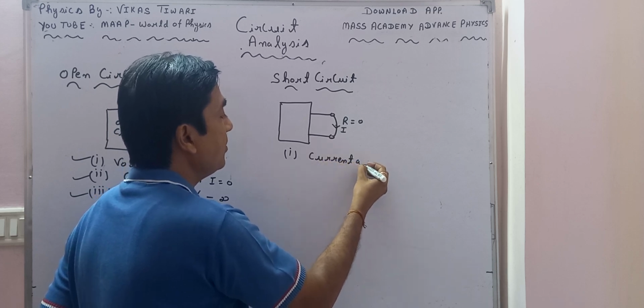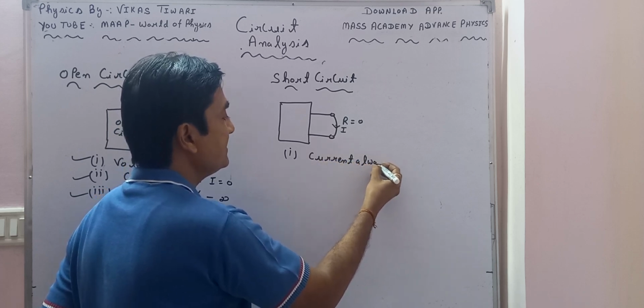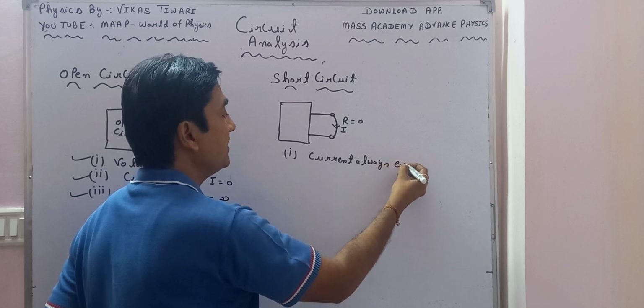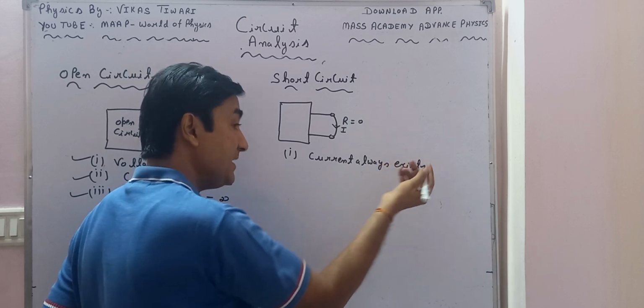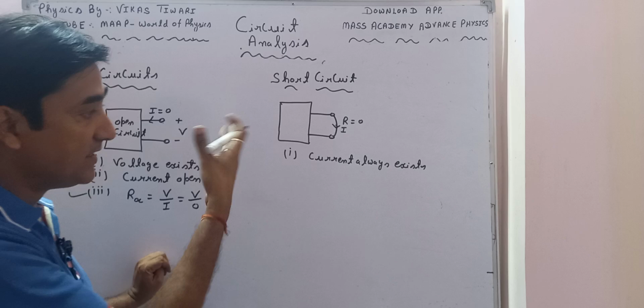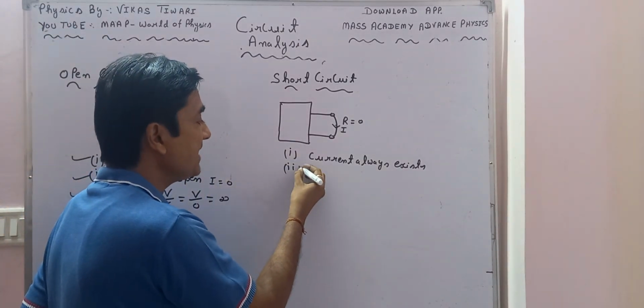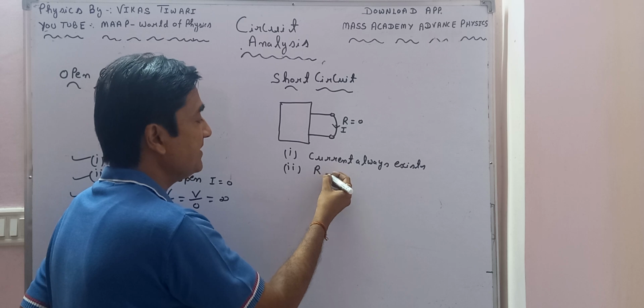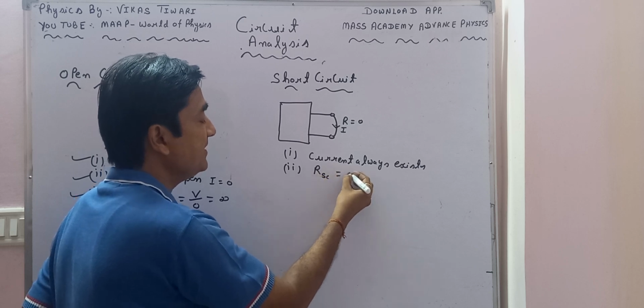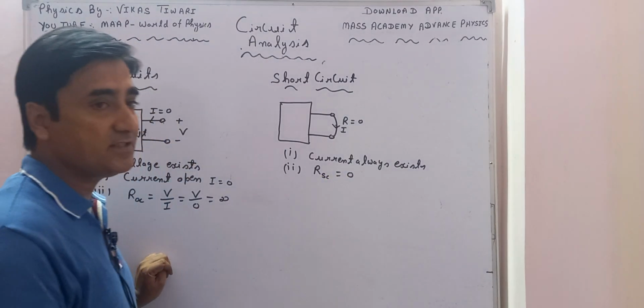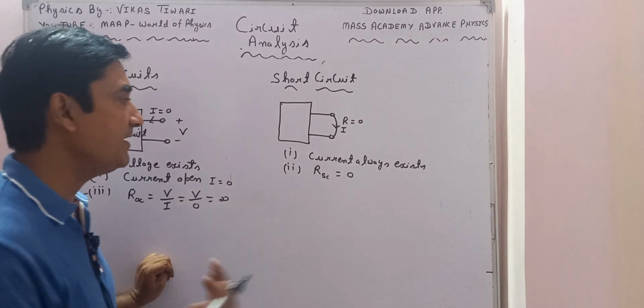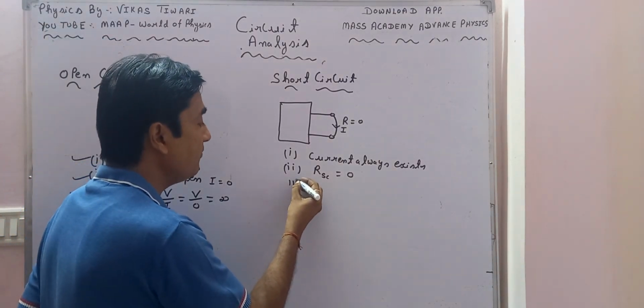Current always exists in any short circuit, and it has a very high value. Why does it have a high value? Because ideally the resistance of a short circuit is equal to 0, and if resistance is 0, naturally the current will be very high. Then what is the value of voltage?